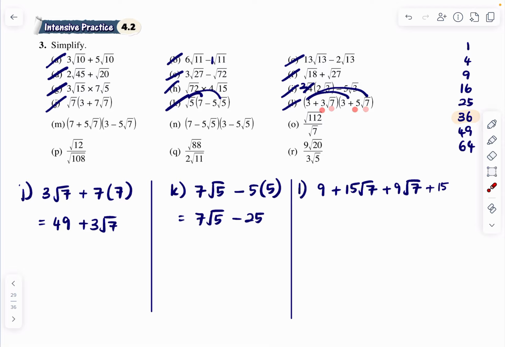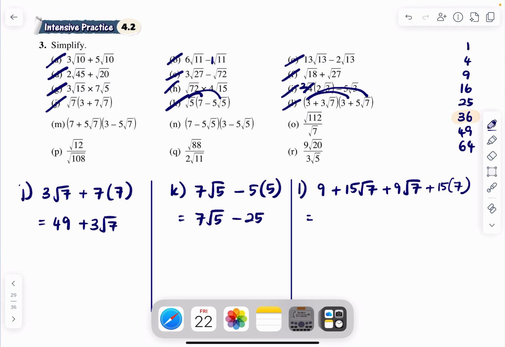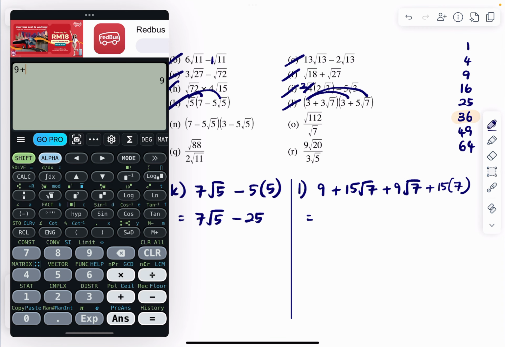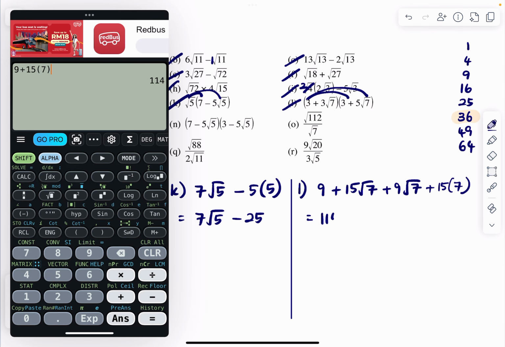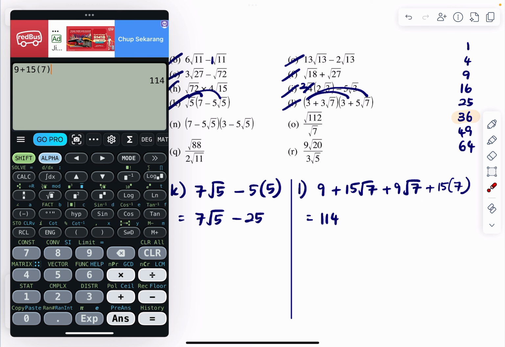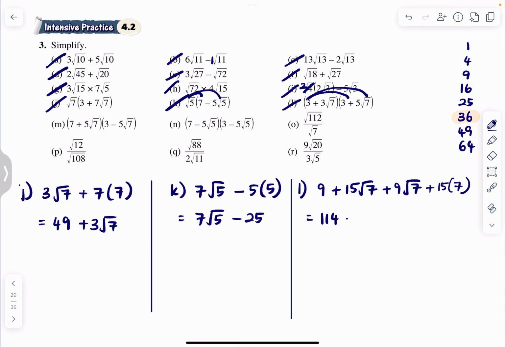Surd 7 times surd 7 is just 7. So we can do 9 plus 15 times 7. We get 114. And then 15 surd 7 plus 9 surd 7 is just 24 surd 7. It's like 15 oranges plus 9 oranges. Done.